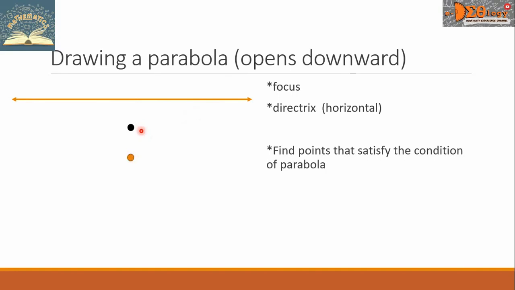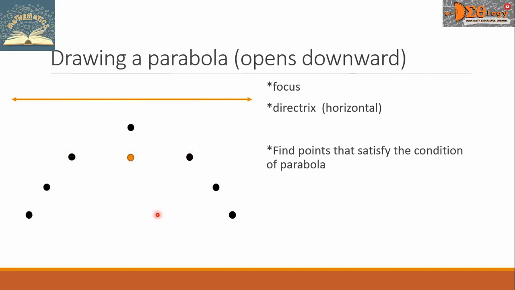And here is the point. Let us find more points. Here we have two more points equidistant from this point and from this line. Here are four more points that satisfy the condition of parabola.